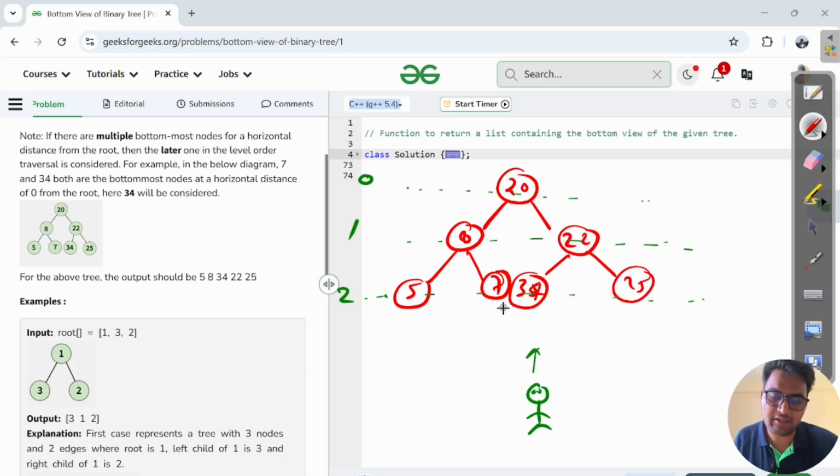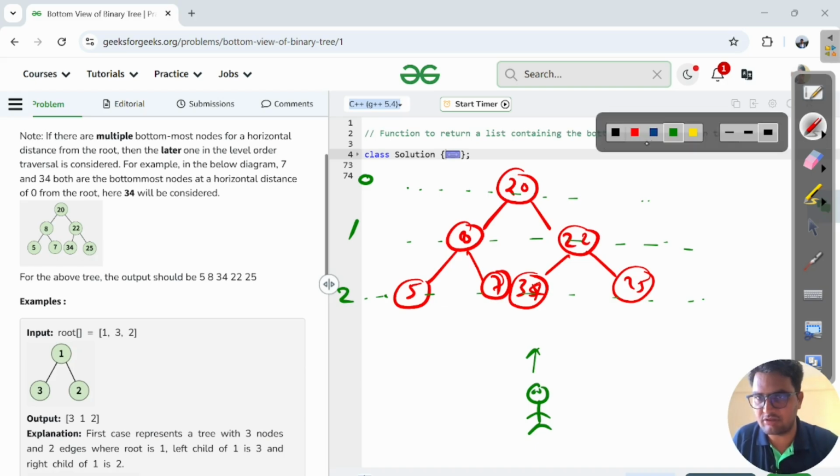It might be a case where a lower level value can hide the higher level value, or top level values basically. And how can we say that? When the values are on the same distance, then we only see the lower level values from that same distance from the root.